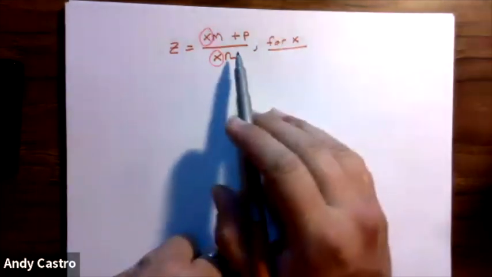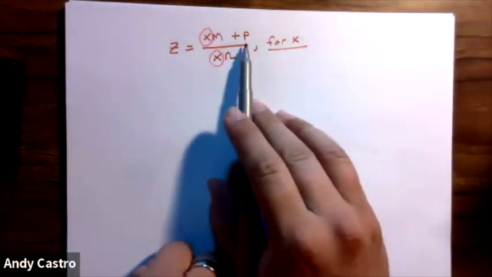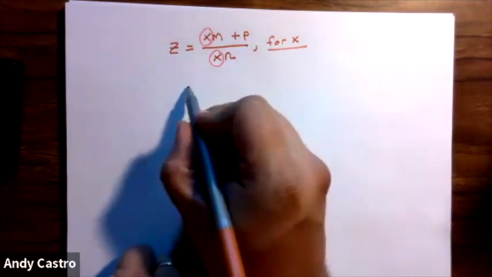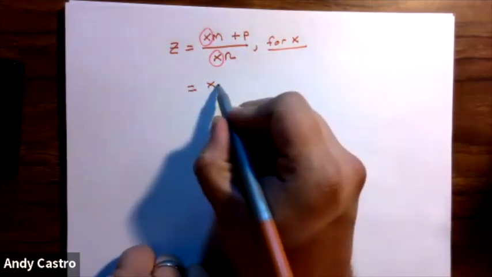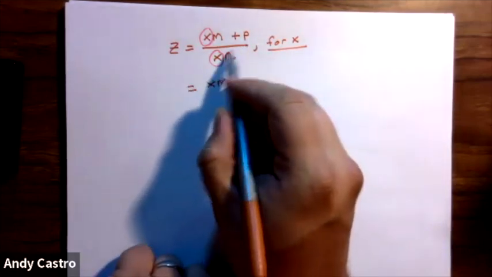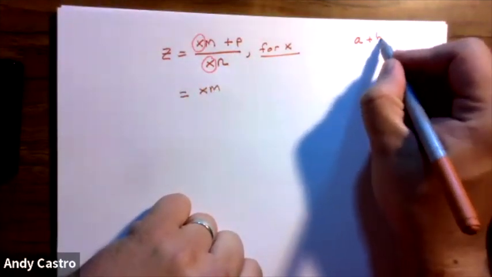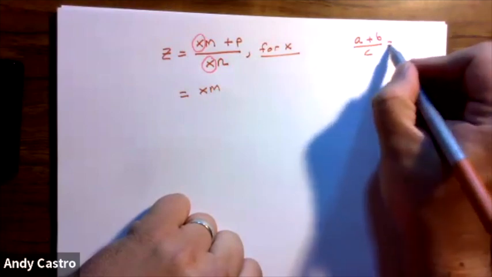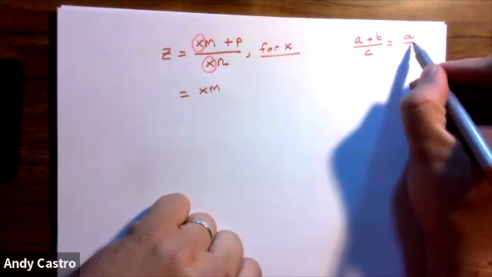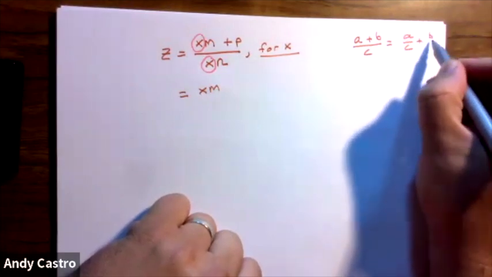Well, I can't subtract p from both sides. Some students start by doing that, but the reason I can't is that if I have the fraction a plus b over c, remember that's a over c plus b over c.